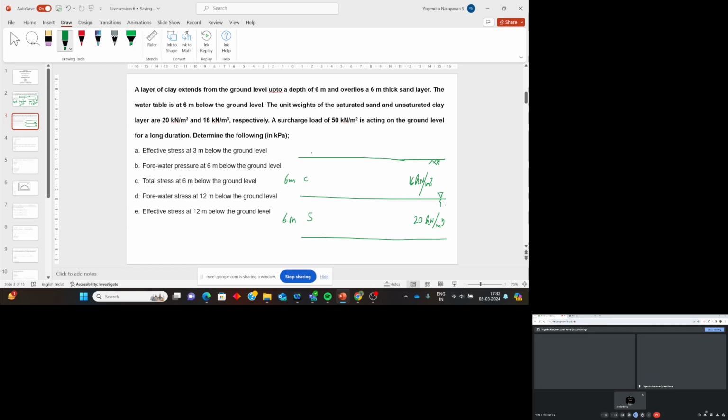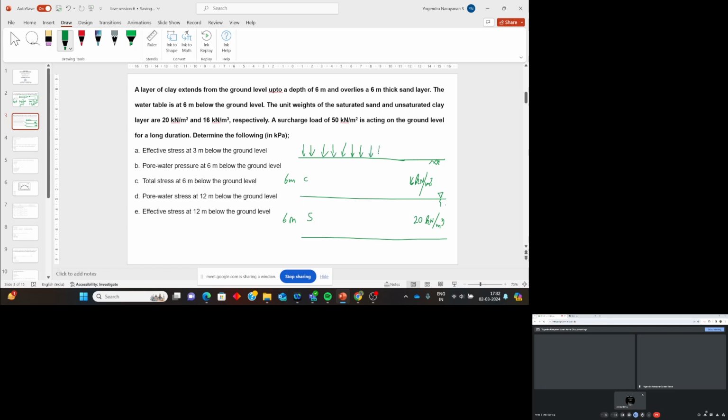Now, what is meant by surcharge? The definition of surcharge is semi-infinite loading. That is, whatever area is there, there will be a uniform loading. Have you come across uniformly distributed load? Yes, sir.